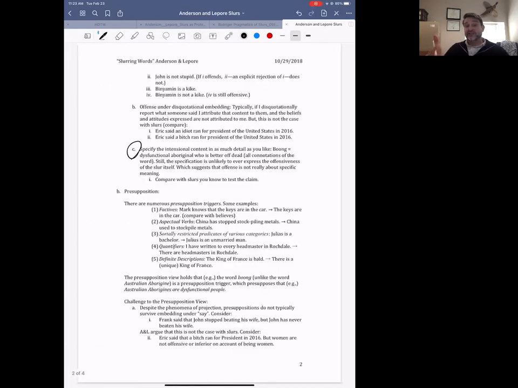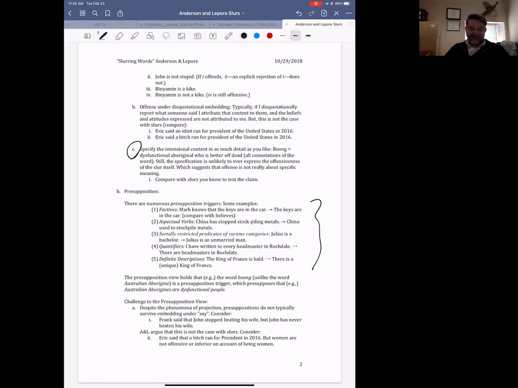So on these considerations, Anderson and Lepore reject the semantic content view of the offensiveness of slurs. They consider next a presupposition view. We've talked about presuppositions here before. There are different ways in which presuppositions are triggered. If I say "Julius is a bachelor," that entails that Julius is an unmarried man.